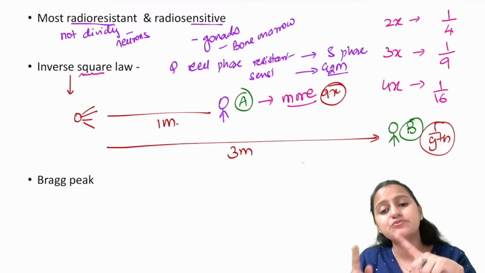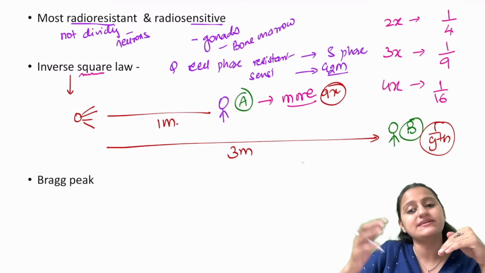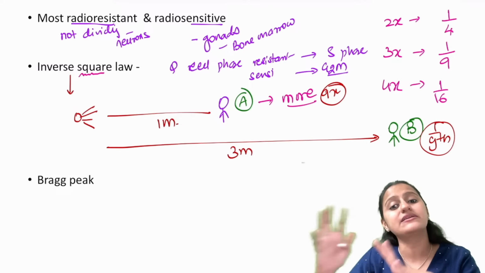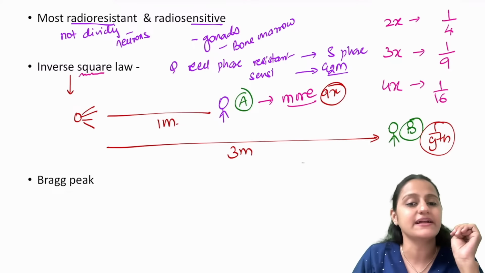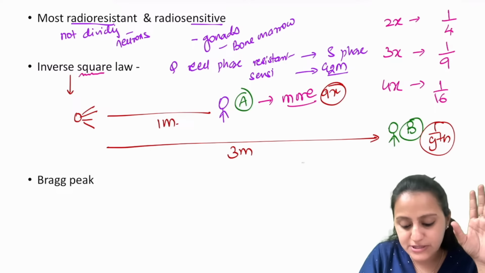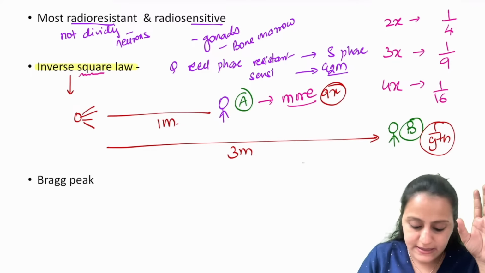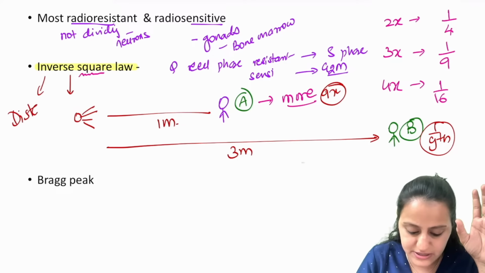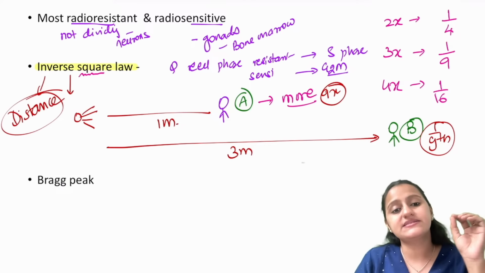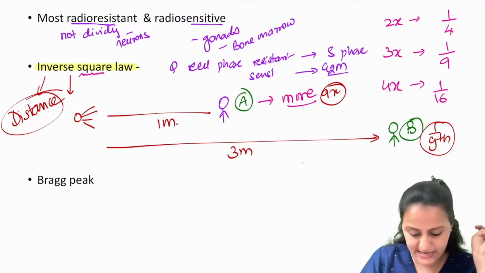So this is the inverse square law. As you increase the distance, the radiation decreases in relation to the square of the distance. It tells you the relation between the radiation intensity and the distance. It has been asked in one of the exams.